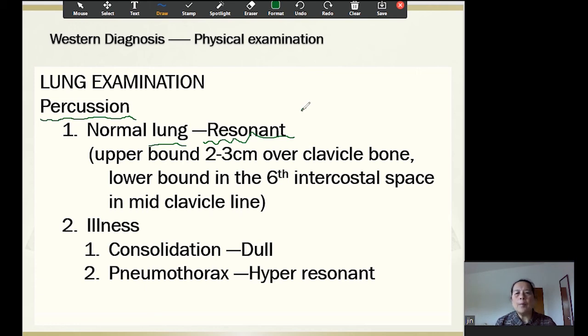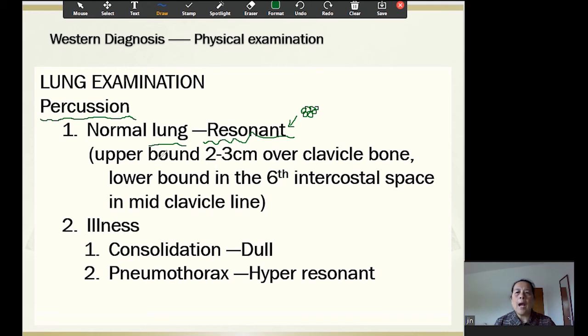But the lung is a little bit special, small alveoli, and then some air inside, like a mix of organ and air. So that's why the sound is between the dull sound and the empty sound. Thus we give a special name, resonant.